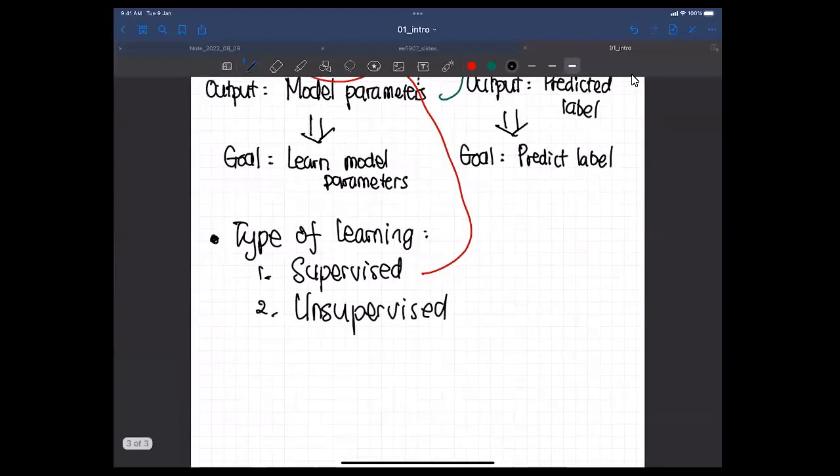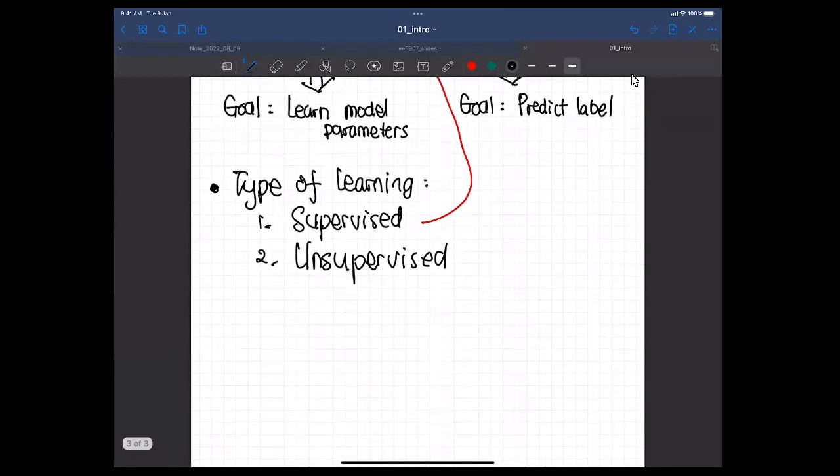Okay, you have supervised and you have unsupervised. The third type of learning is what? Someone says reinforcement learning, but that one is another one here. That's correct. Semi-supervised learning.